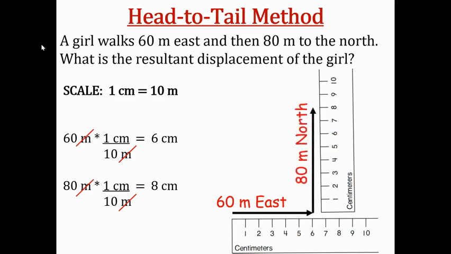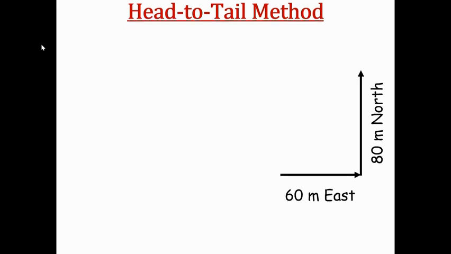So picking up where I left off from that eastward pointing vector, I'm going to draw the northward pointing vector to be 8 centimeters in length and added head to tail to the first vector. Now I have my 2 vector arrows drawn head to tail.